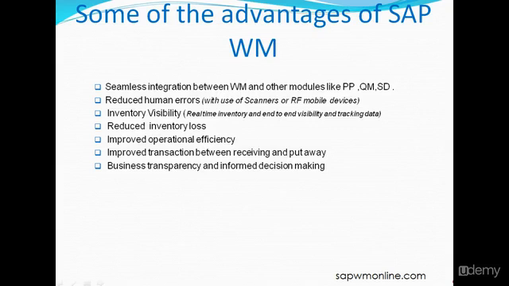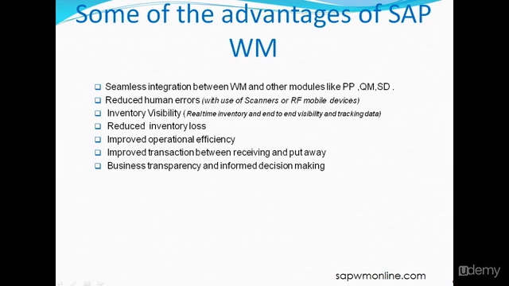Improved operational efficiency. Now, SAP warehouse management provides you functionality like a warehouse activity monitor or an RF monitor or a yard monitor. What these monitors do is that they enable the warehouse supervisor to have a bird's eye view of the activities that are happening in the warehouse.